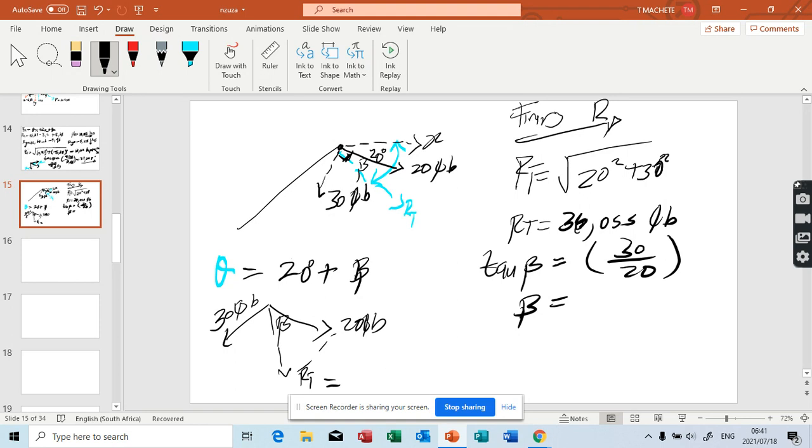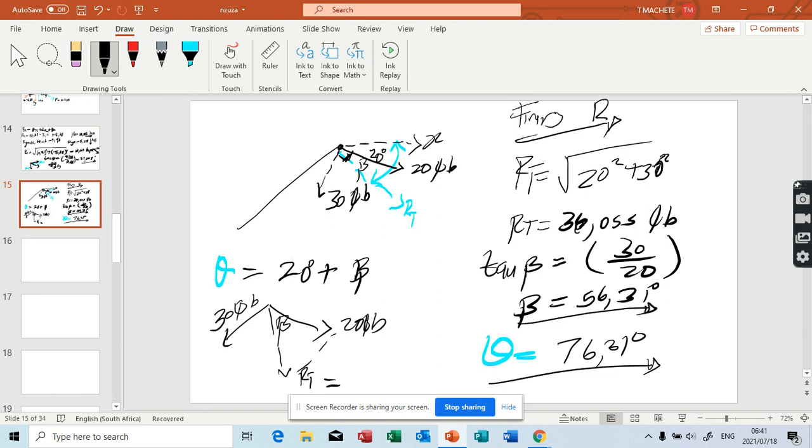And then you're going to get 56.31. So to find that theta, you're going to add the two. You're going to get 76.31. Do you see that? That's your angle. This is how you find it.